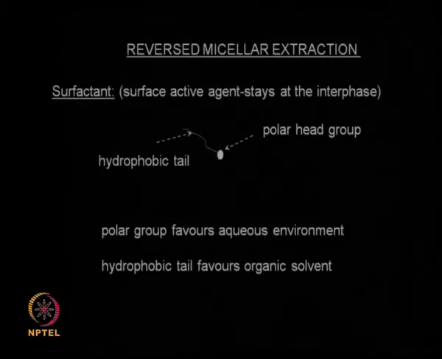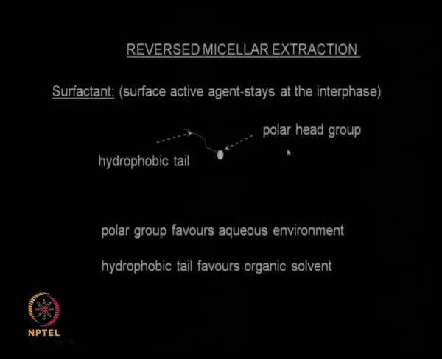The hydrophobic tail could be a hydrocarbon, a small C8 hydrocarbon, it could be C12, it could be even C18. There are surfactants which have very, very long hydrophobic tails. Hydrophobic groups prefer the solvent layer, and the hydrophilic or polar groups prefer the water layer.